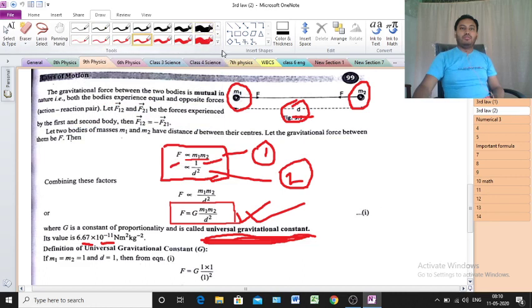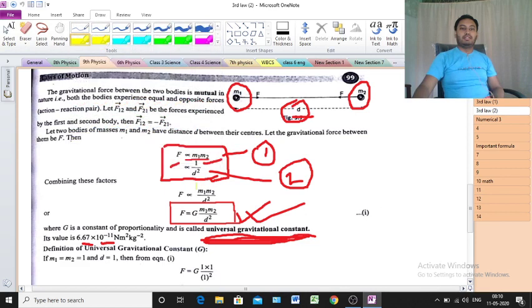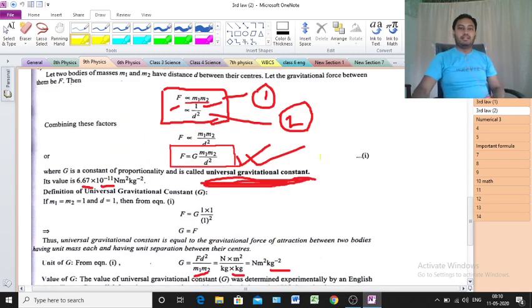F equal to G m1 m2 by d square. This is the boxed equation. You know very well, but still a little bit of revision will help you.